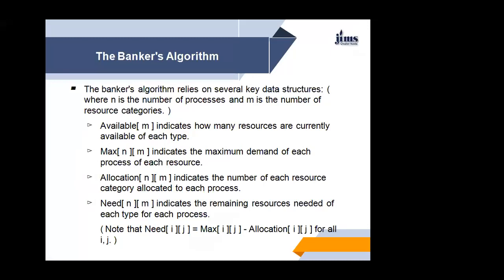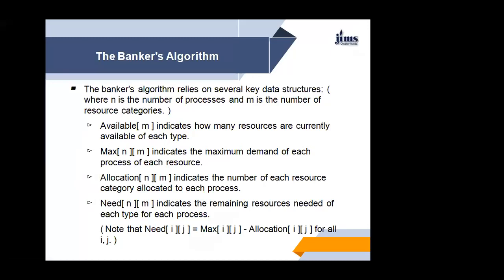Allocation[n][m] indicates the number of each resource category allocated to each process. Need[n][m] indicates the remaining resources needed of each type for each process.